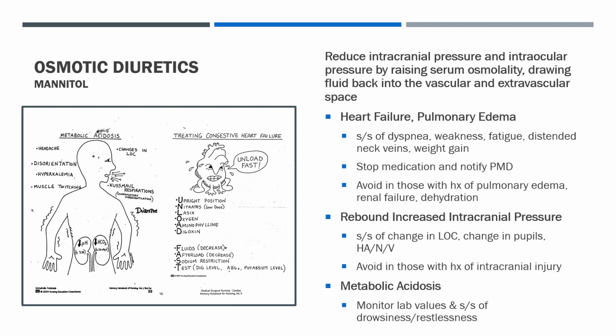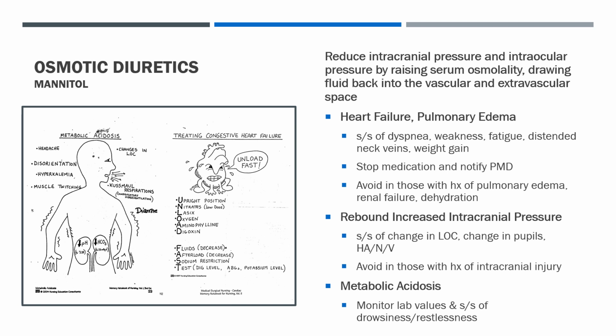Osmotic diuretics, again, in addition to the previous first slide, we now have specific ones. So heart failure and pulmonary edema. So this is going to be dyspnea, weakness, fatigue, distended neck veins, weight gain. So remember your left heart failure, right heart failure. This is essentially what can be happening with osmotic diuretics, because this is going to pull the fluid back into the vascular and extravascular spaces.